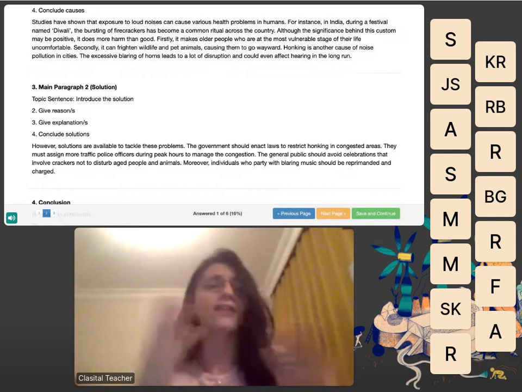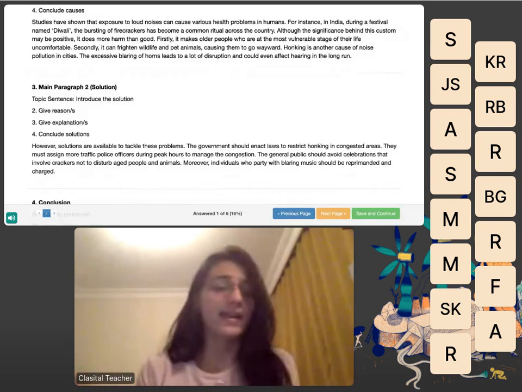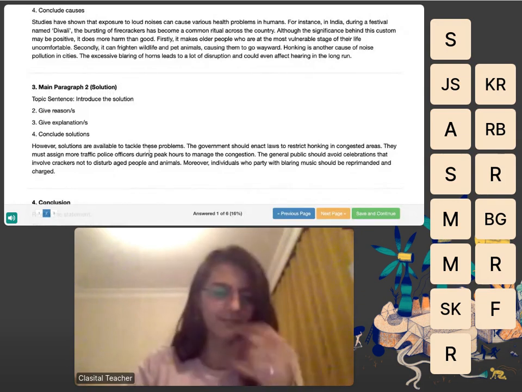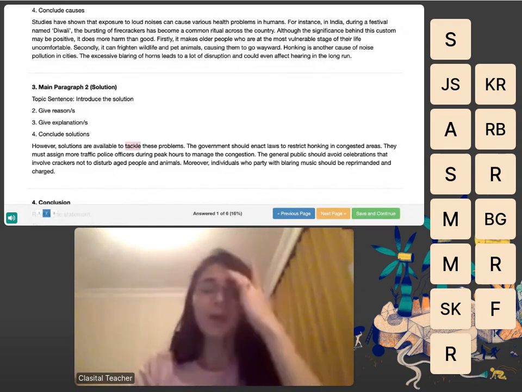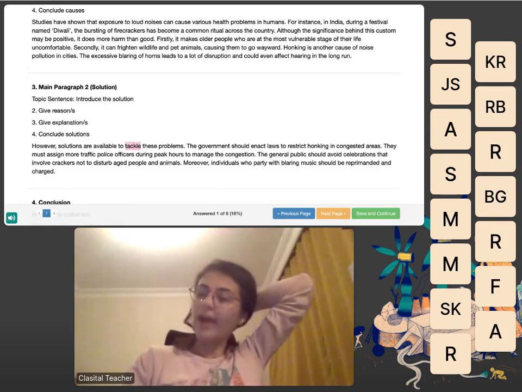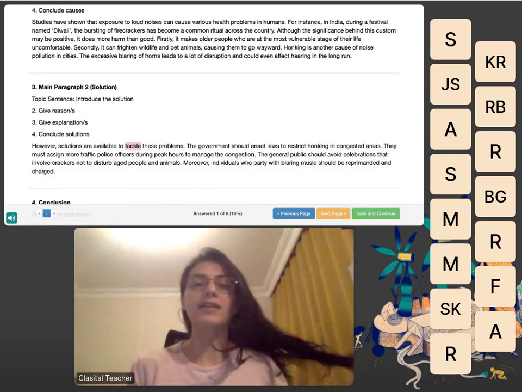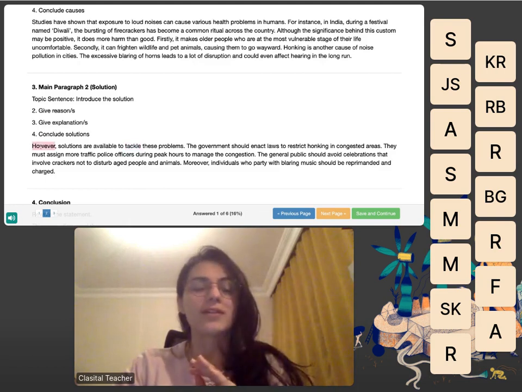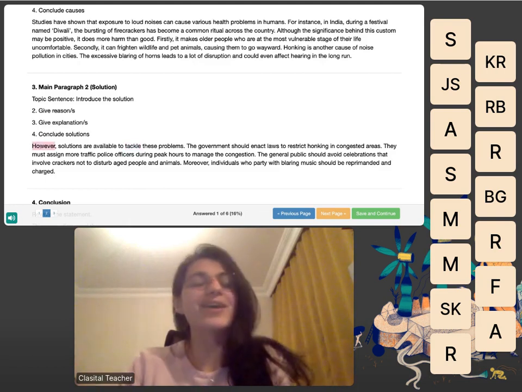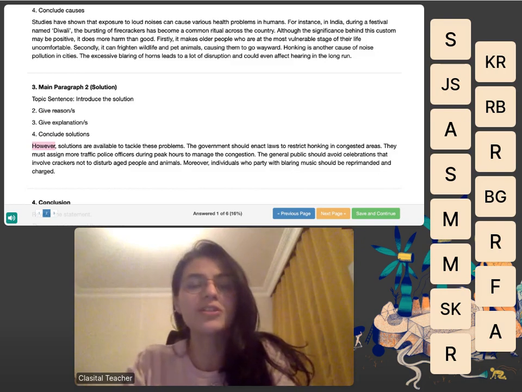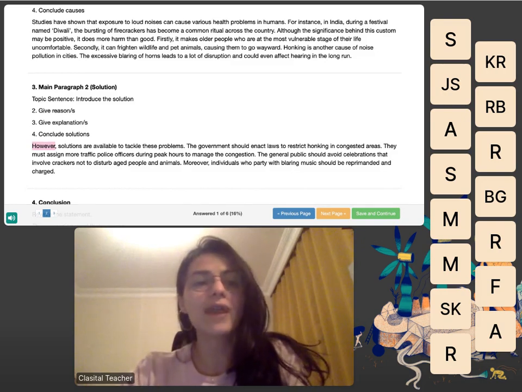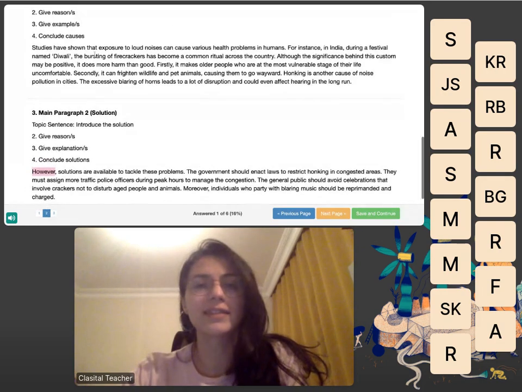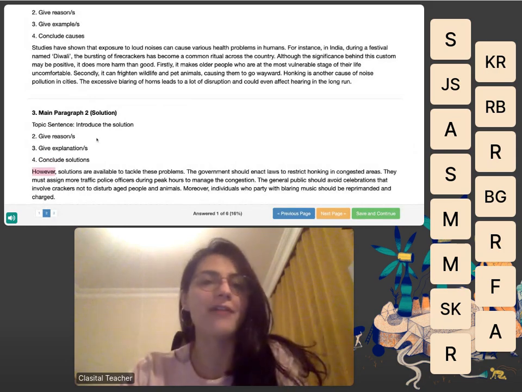It doesn't have a lot of different grammar structures. It has good vocabulary, saying tackle, for example. But the reason why this sentence is really good is because it uses the correct linking word, saying however. This is really important in a problem solution essay, since we're writing about two different things in two different paragraphs.